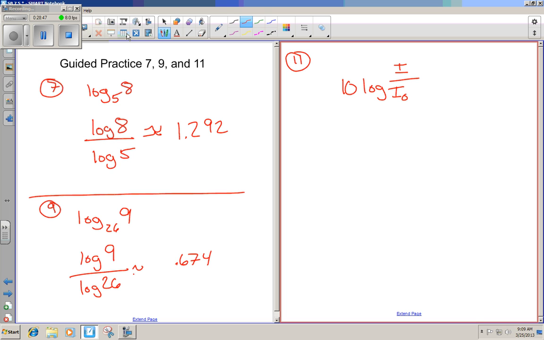So basically, we need to look back at example 5, pull out some information. Example 5 gives you some of the information. It says that I sub 0 is the intensity of a barely audible sound. It's about 10 to the negative 12 power. An artist is recording in a studio, turns up the volume on a track so that the sound intensity doubles.